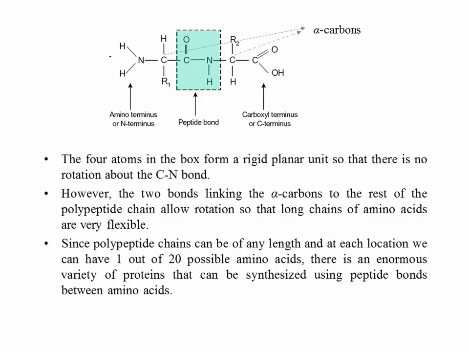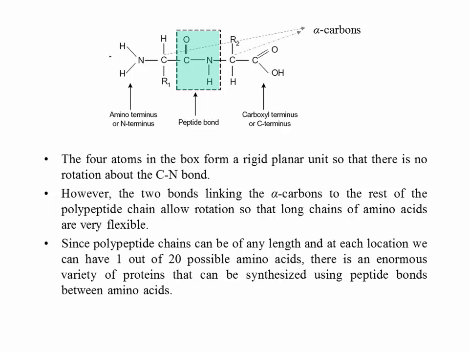You can rotate about that axis. So long chains of amino acids are extremely flexible. The question is, how will they fold up? That will depend on the side chains, because some of them are hydrophobic, some of them are hydrophilic. It'll try to fold up into a conformation of lowest energy. And there are people that study those things.